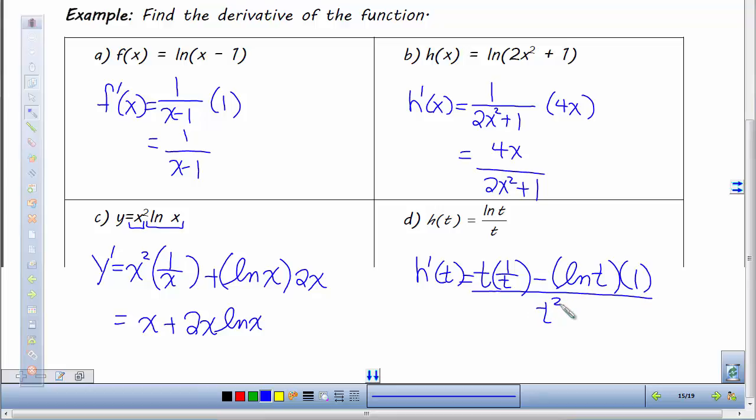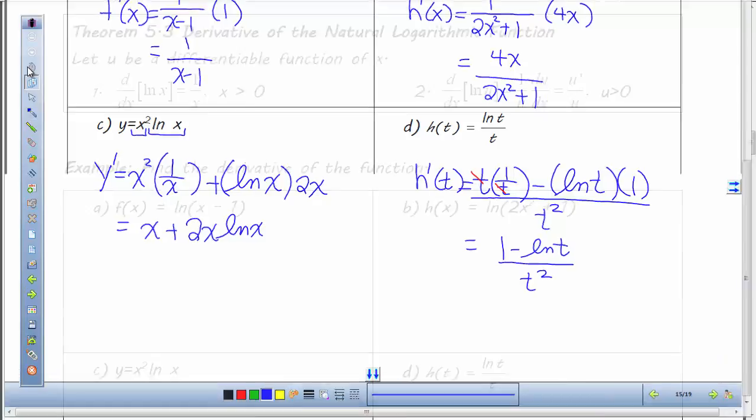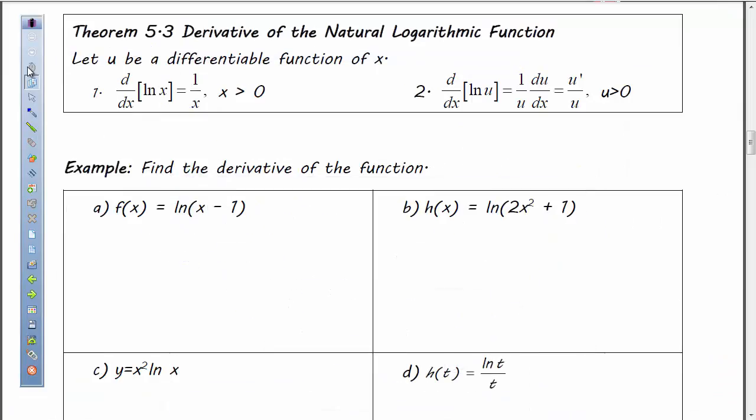So we clean that up. The t's are going to cancel. So I've got 1 minus the natural log of t all over t squared. Questions about this? So it's not a bad derivative rule, right? As far as rules go.